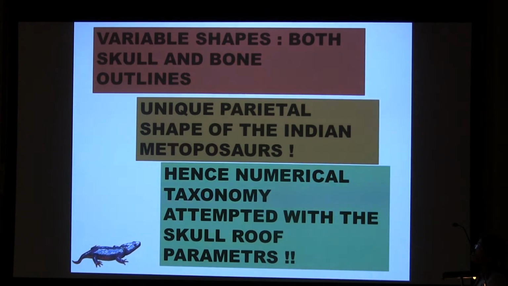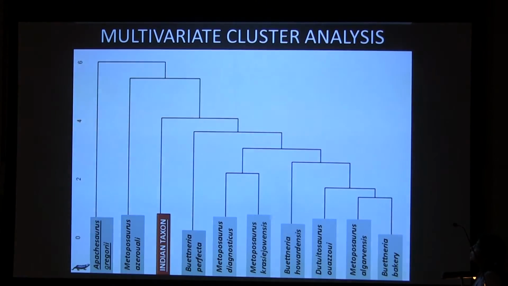In the case of the Indian form, the shape of the orbits, the shape of the parietals, and the others all taken together, the combination of the characters, including the geographical isolation, the geographical position of India, makes it quite unique. Most of my parameters were thus numerical parameters.